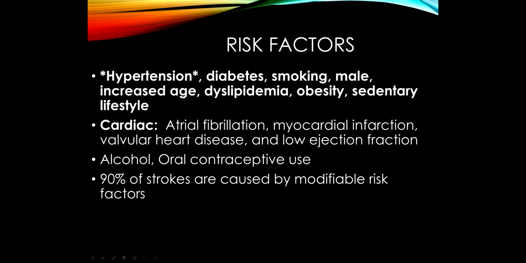Smokers, a little bit more common in men overall. Of course, we don't see strokes in younger individuals very often because you usually need to have had hypertension, diabetes, or a lipid problem for a number of years before you have a stroke. So dyslipidemia and obesity and a sedentary lifestyle.